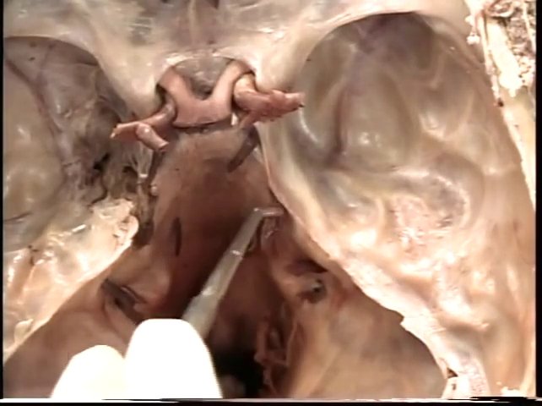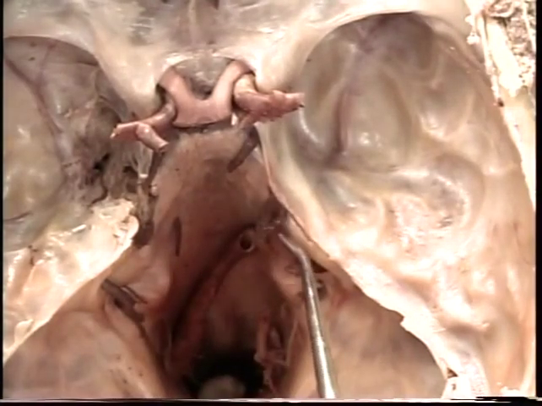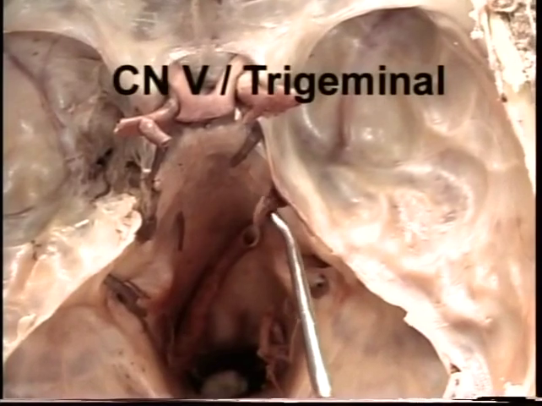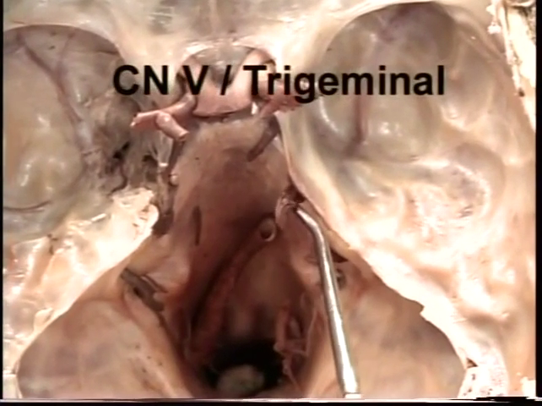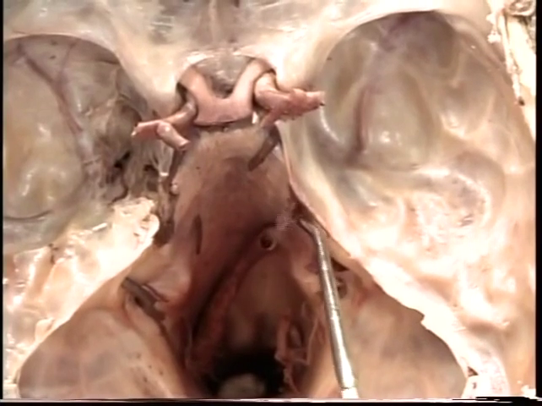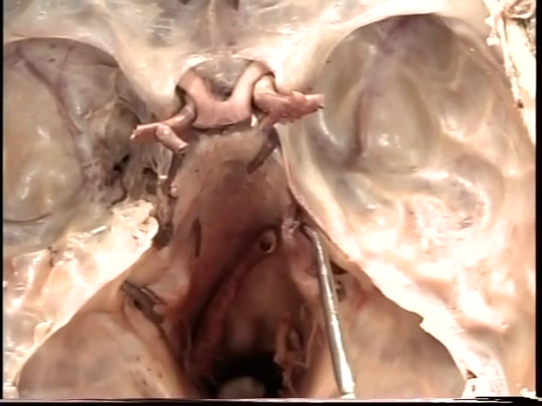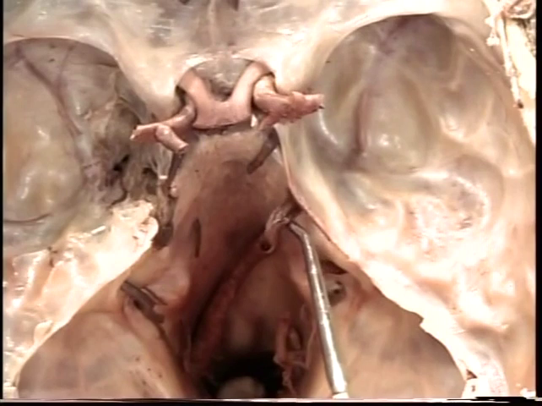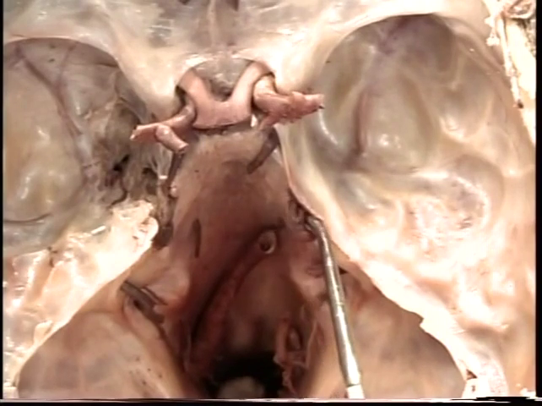Now we look into the fifth cranial nerve, and now I'm holding the fifth cranial nerve, that is your trigeminal nerve. The trigeminal nerve is a primary sensory nerve with a small component which is motor, which supplies the muscles of mastication.